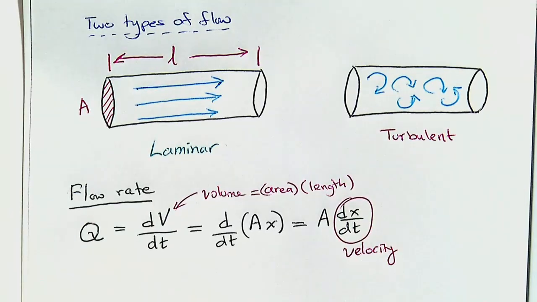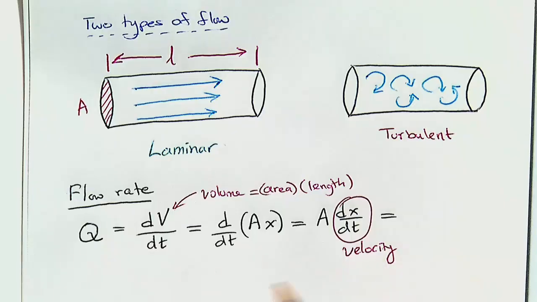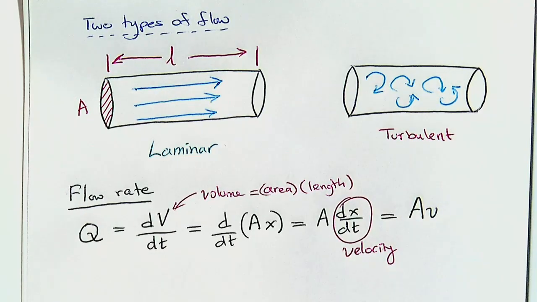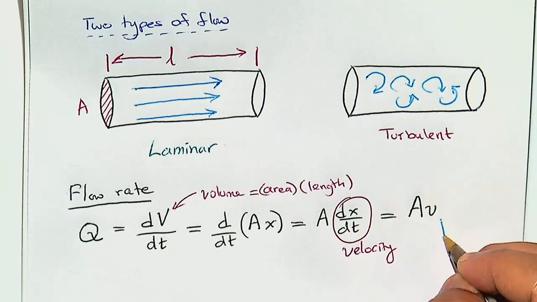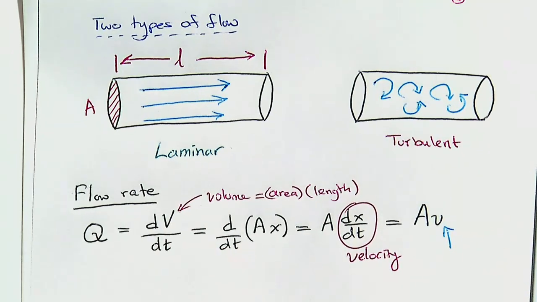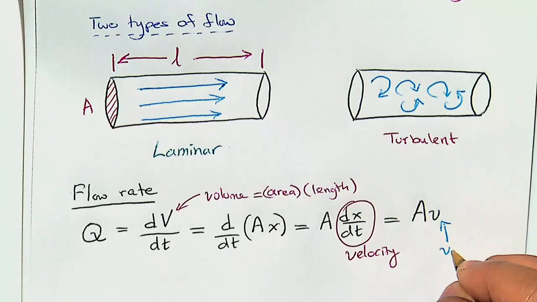Length over time, a derivative of position over time. So what we're left with is that the flow rate is the area times velocity now, right? So too many V's. Sorry, that's how it goes. But the big V I'm using as volume, the little v I'm using as velocity.